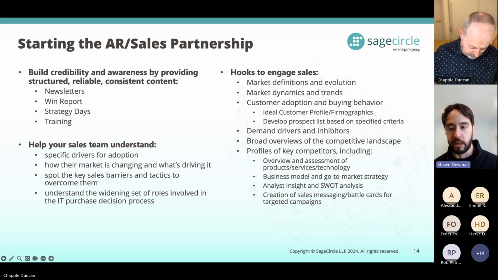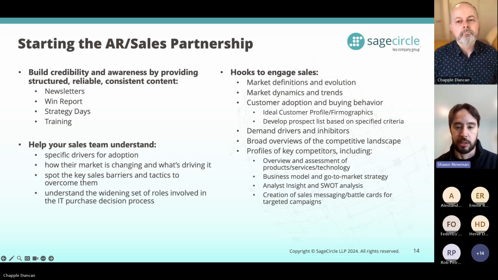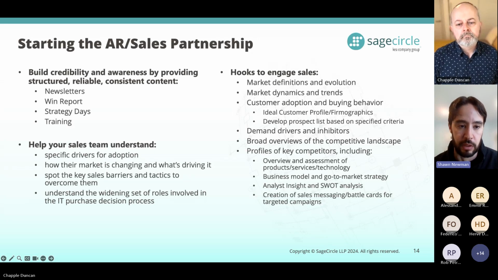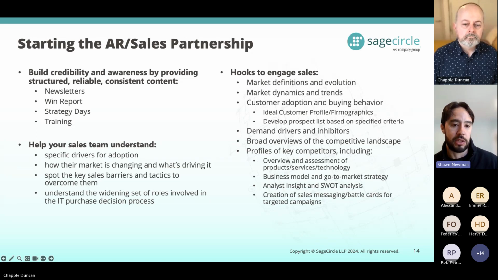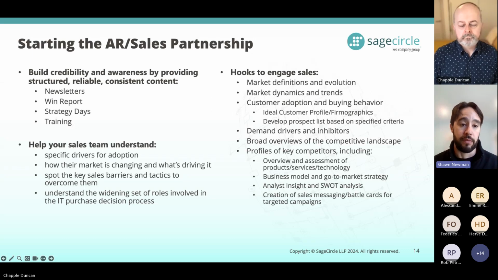I've seen some really great examples on LinkedIn and from prospects, and from subscribing to AR newsletters from different vendors that I worked with on win reports. So, again, tracking KPIs and opportunities that you can source back to analyst relations and analyst impact is something you definitely want to start spreading internally.